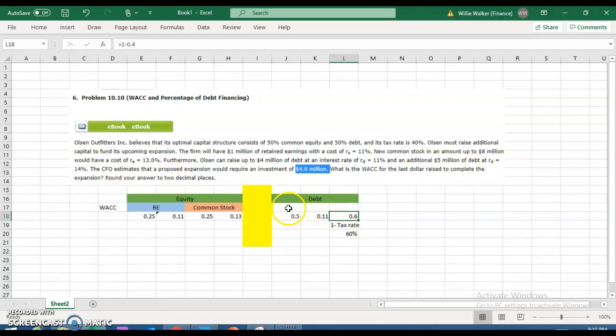So now, debt, I already got it up here. So now we can calculate our weighted average.